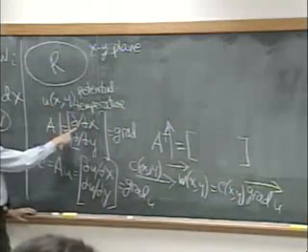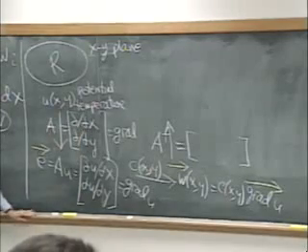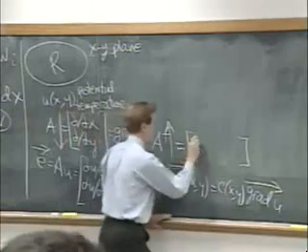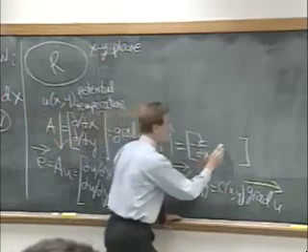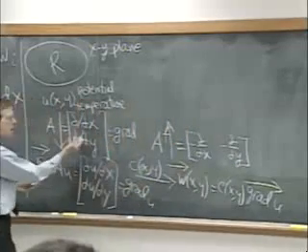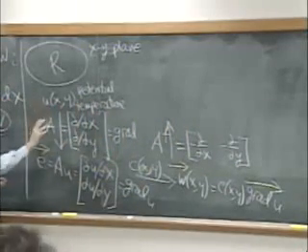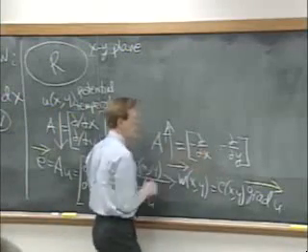And what's the transpose of d by dx? Negative d by dx. And what's the transpose of d by dy? Negative d by dy. So those are the two. You could say this is a block operator, 2 by 1. This is transposed as a 1 by 2 block.